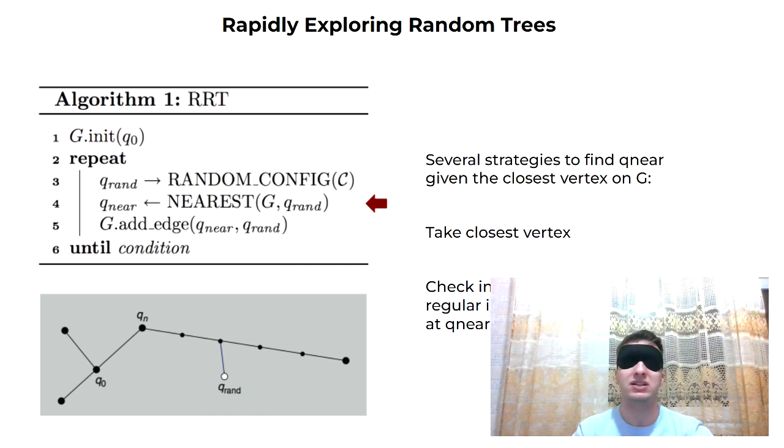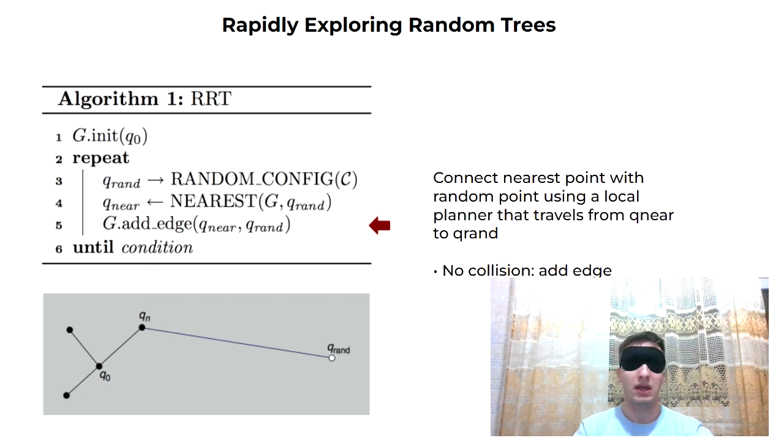This vector is divided into several intermediate points, where collision checks occur. If there are no collisions, we simply add a new point Q to our map that meets our conditions.